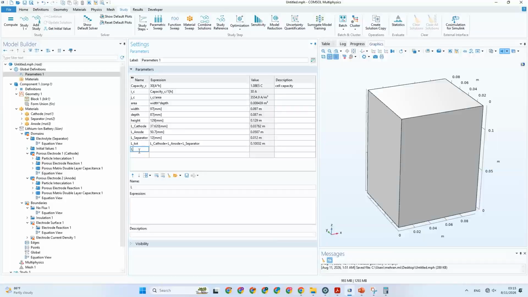L Al for cathode, for example, 3 millimeter. L Cu for anode, 3 millimeter.